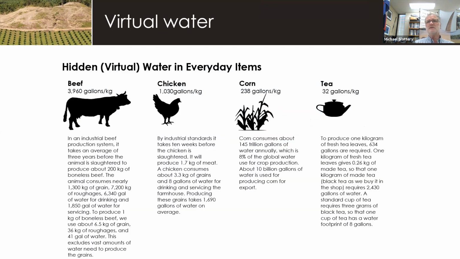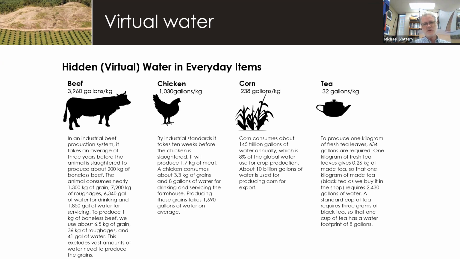And then the final topic that I just want to mention, right, is this topic of virtual water. This is often overlooked, I think, when we talk about the so-called water crisis. And virtual water is hidden water, right? This is the water that we use in everyday items, okay?